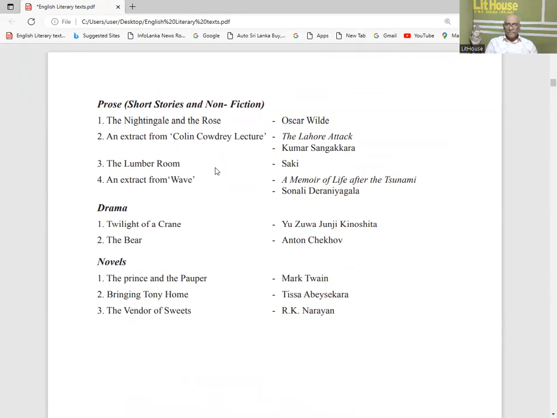There are 3 other areas: prose, drama, novels. Altogether 4 areas: poetry, prose, drama, novels. They are the key areas of our syllabus.